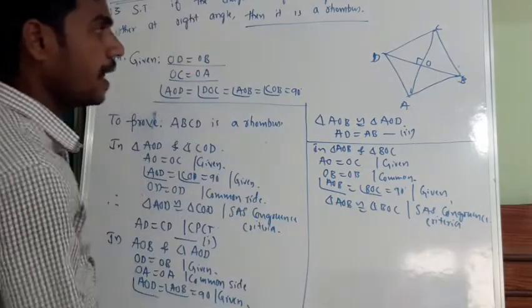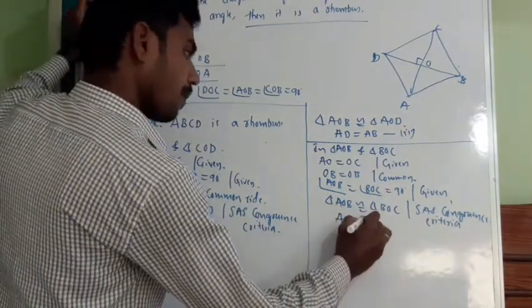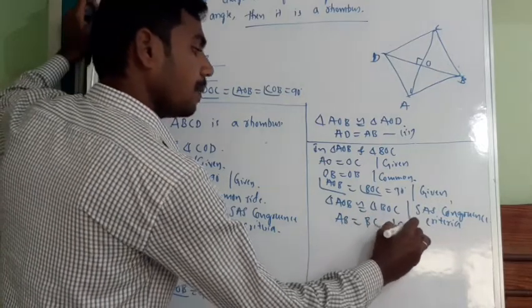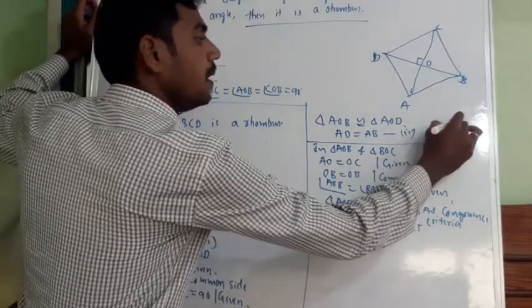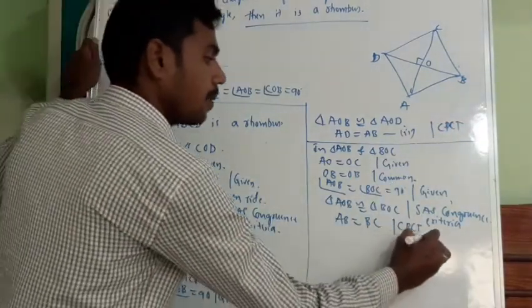Fine. Now what can I write? AB is equal to BC. Why? This is because of CPCT, corresponding parts of congruent triangles. So I'll call it equation number 3.